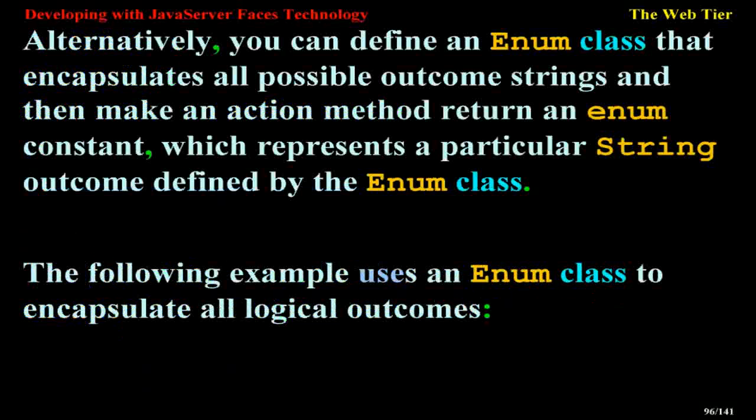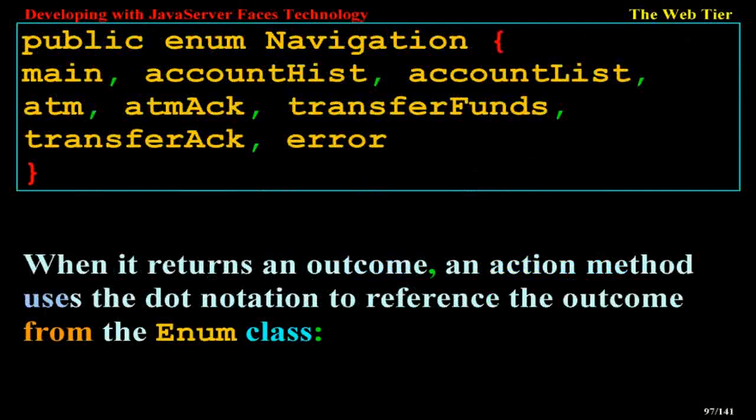Alternatively, you can define an enum class that encapsulates all possible outcome strings and then make an action method return an enum constant, which represents a particular string outcome defined by the enum class. The following example uses an enum class to encapsulate all logical outcomes. Public enum Navigation: main, accountHist, accountList, ATM, ATMAck, transferredFunds, transferAck, error.